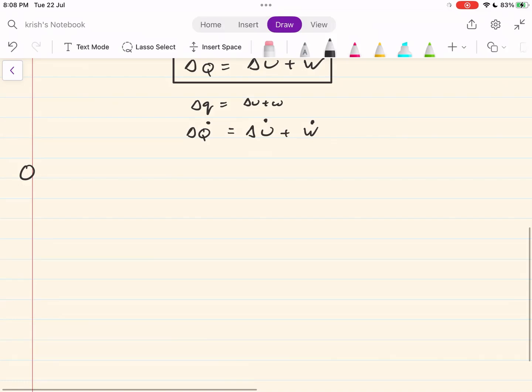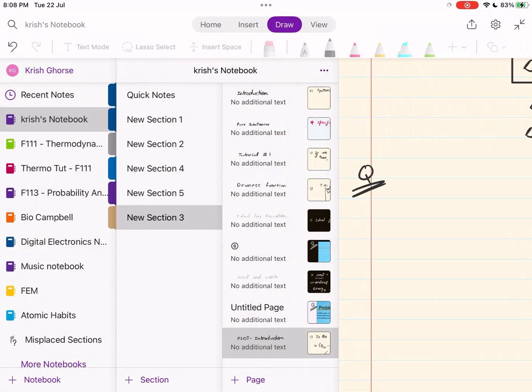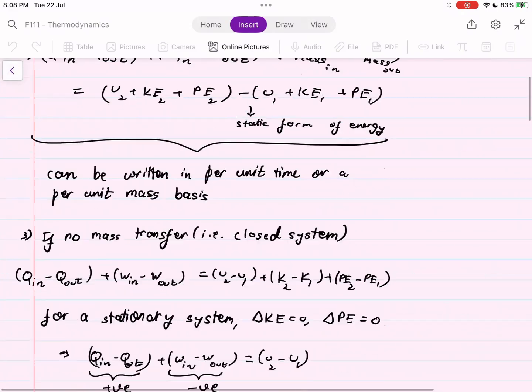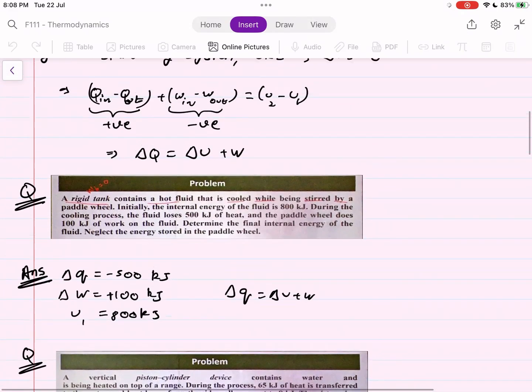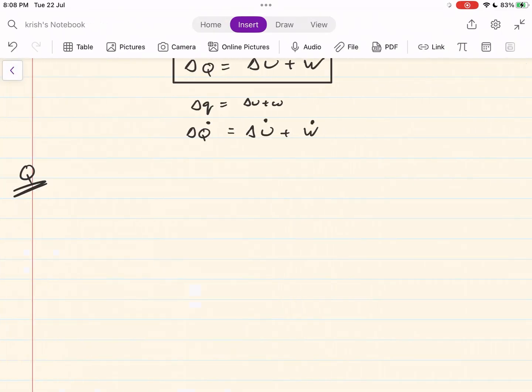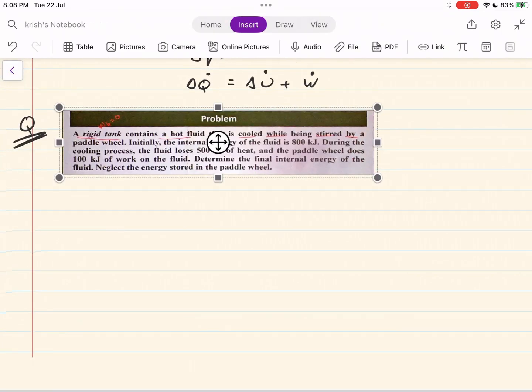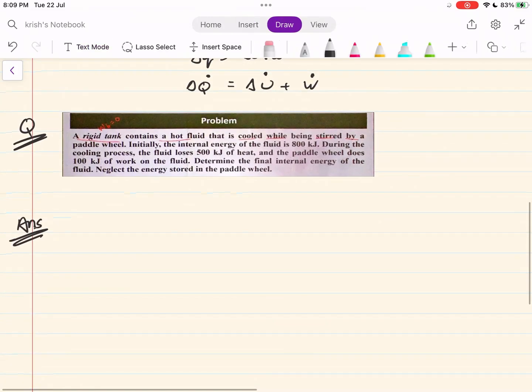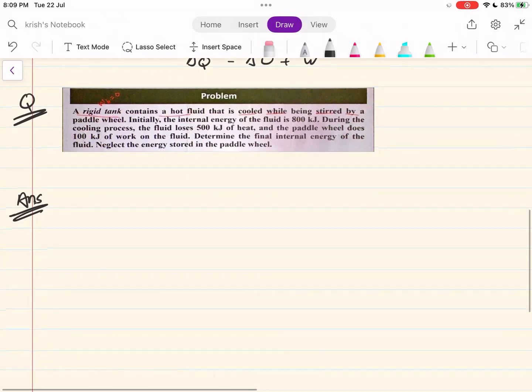Now let us solve a simple question. A rigid tank contains a hot fluid that is cooled while being stirred by a paddle wheel.